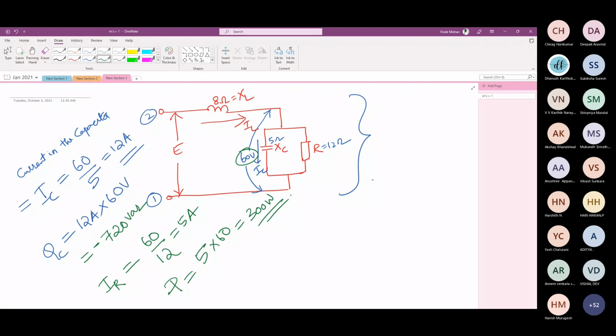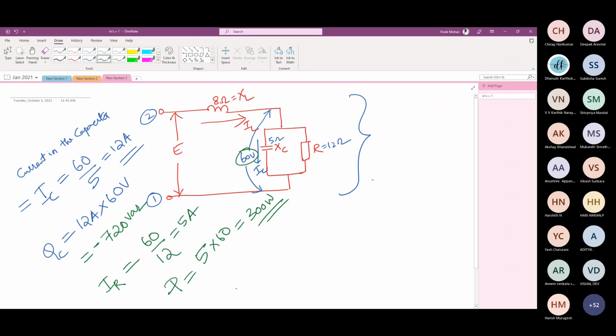That is the approach here. I am not going with loop currents or using currents and impedances here. Instead, I am using voltages and currents directly to find the power. Now 5 into 60, this is 300.